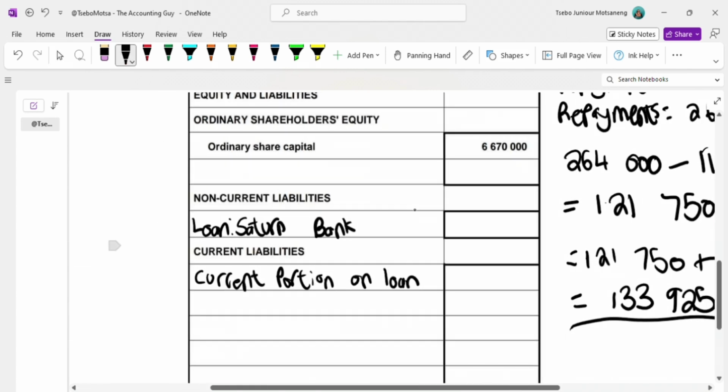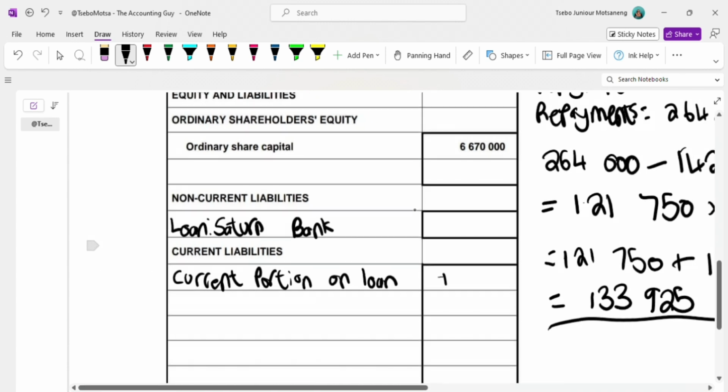For my current portion on loan, current liability, I'll have 133,925.